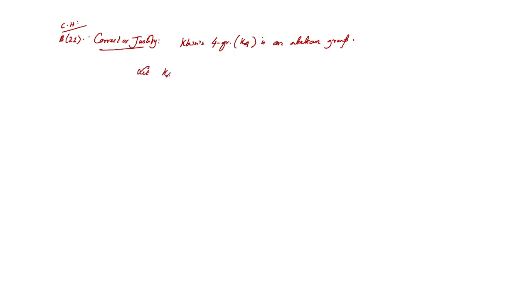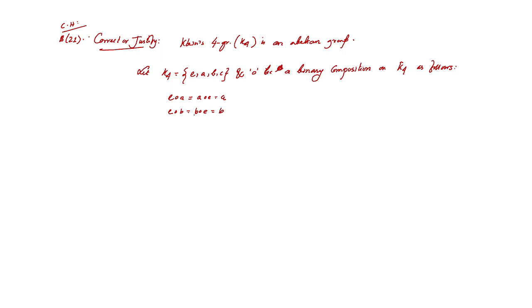Let K4 equals {e, a, b, c} and let ∘ be a binary composition on G, or you can say on K4, as follows. e∘a equals a∘e equals a. e∘b equals b∘e equals b.